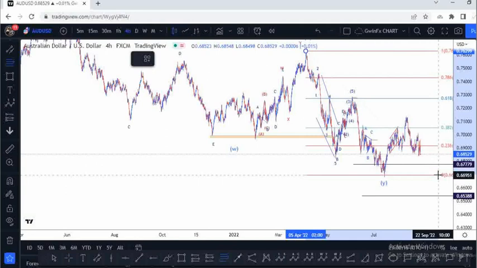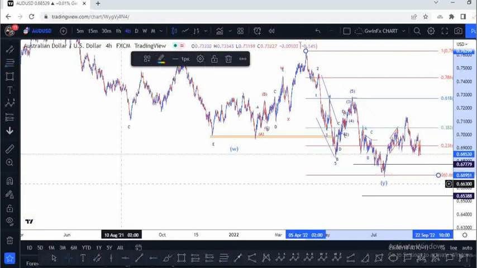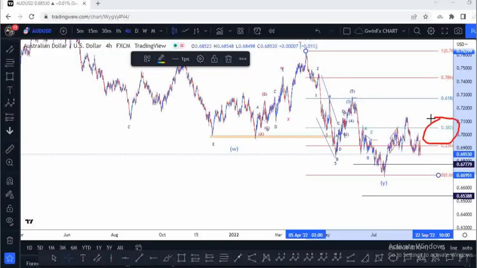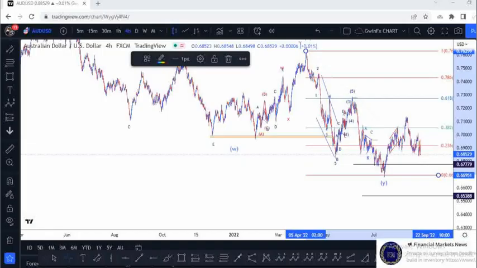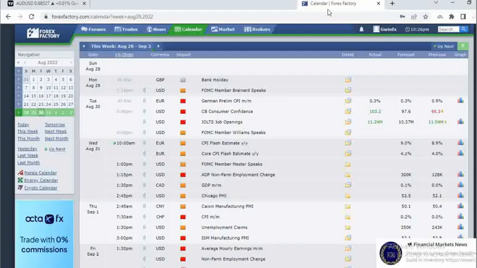Okay, so we've just exceeded the 38.2 in here. For this one, it's best to wait for more price developments. Ahead of the current trading day, today is Wednesday, the 31st of August.